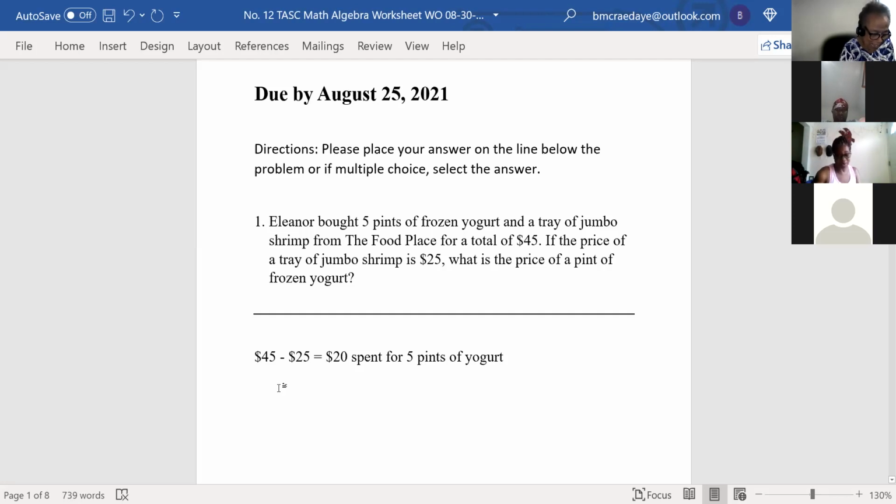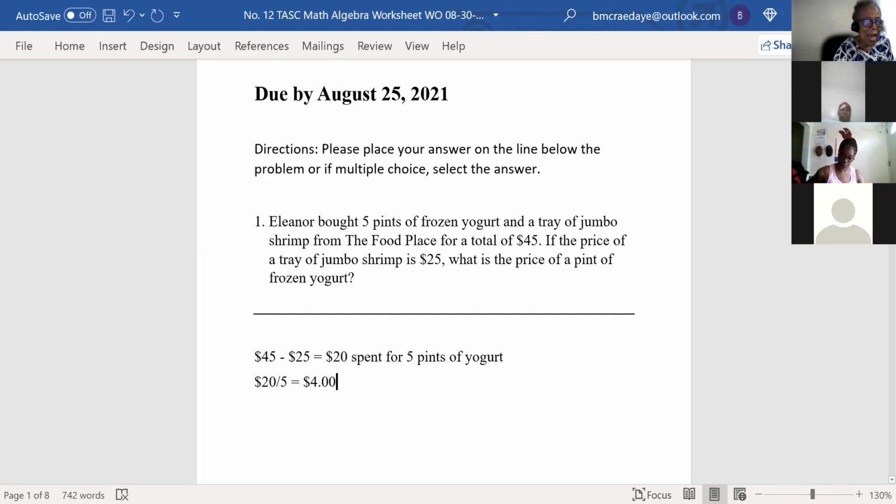I didn't do this work, right? I know that's okay, but I know you're good at mental math. So $20 divided by 5, that's 5 pints, right? And that will give you what? $4. And what does that $4 represent, Vanessa? The cost of a pint of frozen yogurt. Yes, that's right.